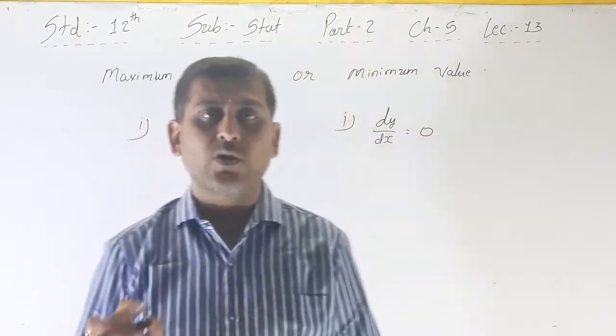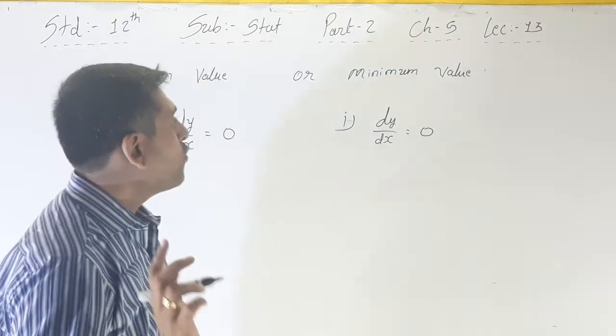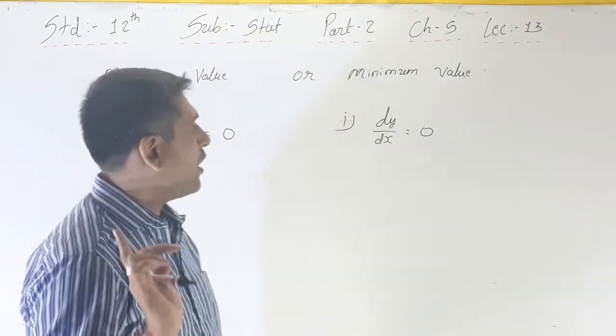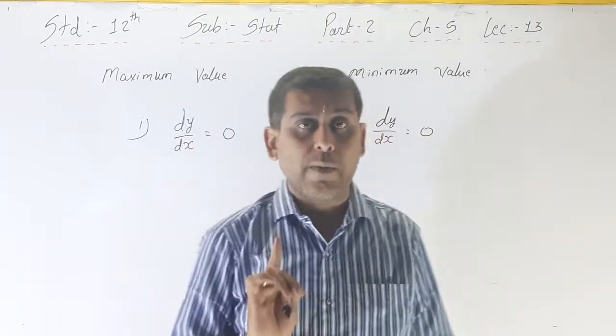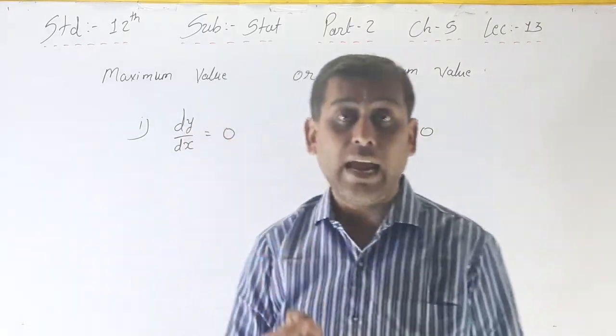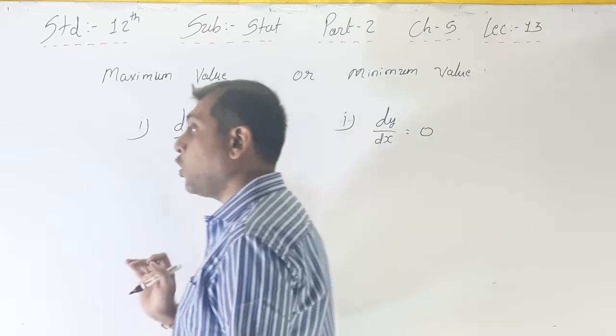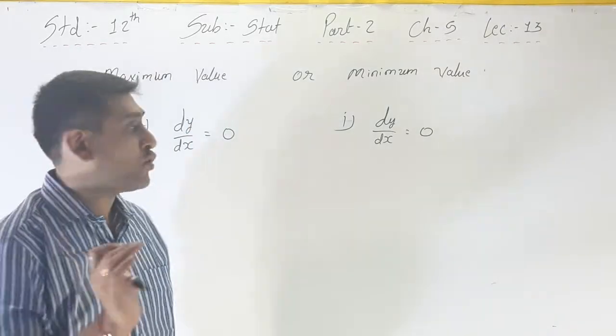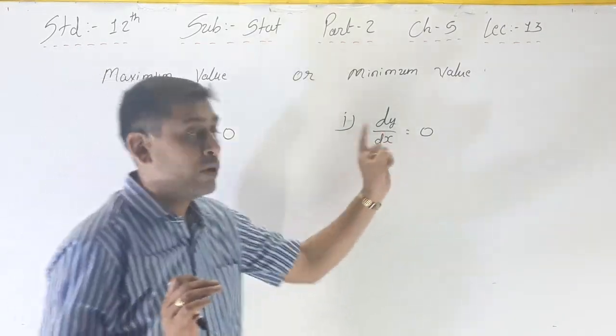For maximizing or minimizing the function, we have to take our steps, and the first step is to find the differentiation of that particular function and put first differentiation equal to 0.